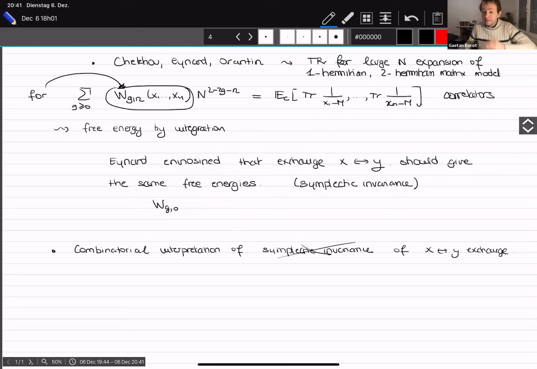And in fact, there is something known where this X and Y exchange appears in a bit of a disguised form, which is in free probability, which was introduced by Voiculescu. So there's a Voiculescu R transform.